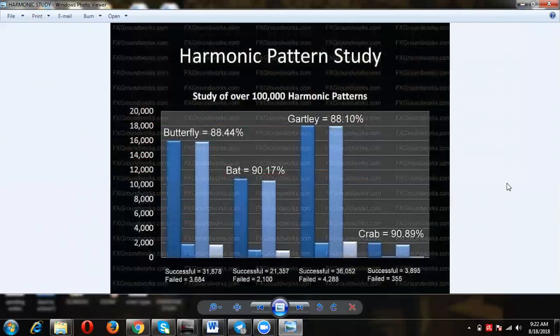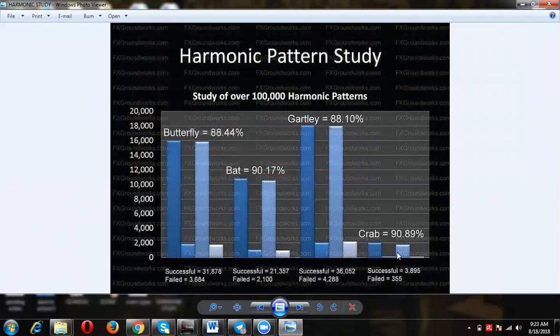From the harmonic pattern study that was carried out, over 100,000 harmonic patterns were examined. From these different patterns, the butterfly had 31,878 successful ones, and only 3,684 failed.